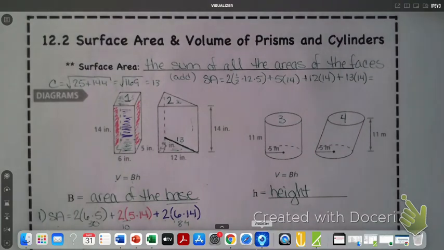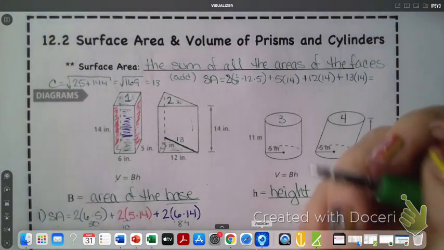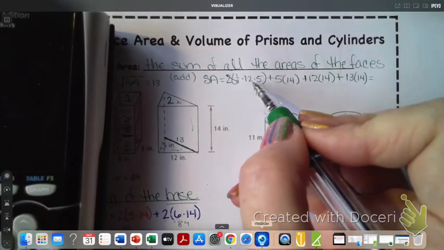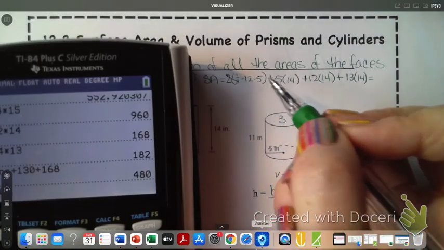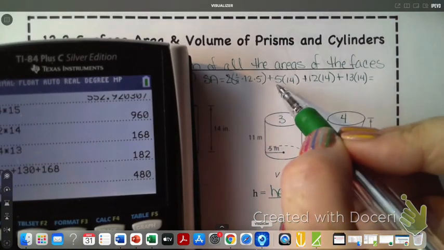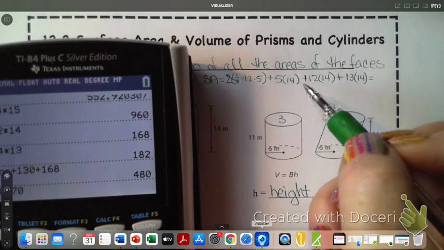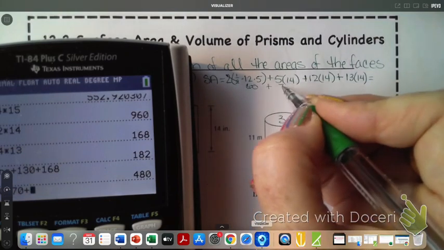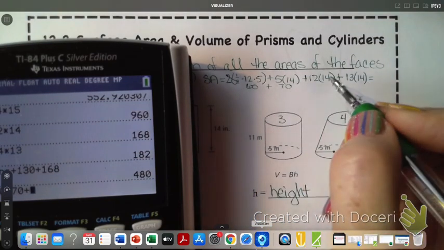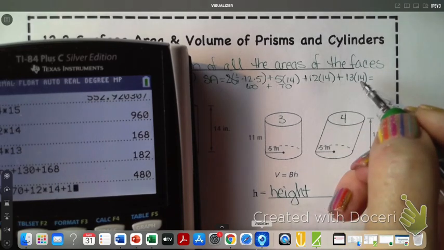Now, did I have to do some work on that one? Yep, I did. And 2 times a half is just 1, right? So 12 times 5 is 60. So I have 60 plus 5 times 14 would be 70, plus 12 times 14, plus 13 times 14.